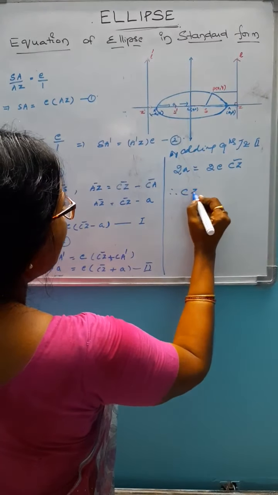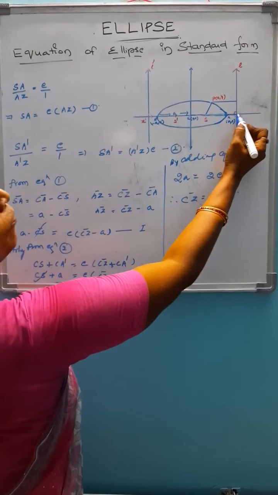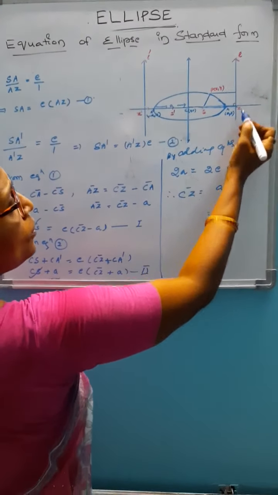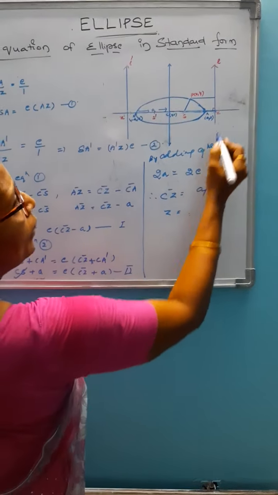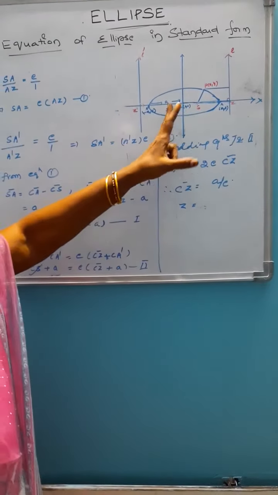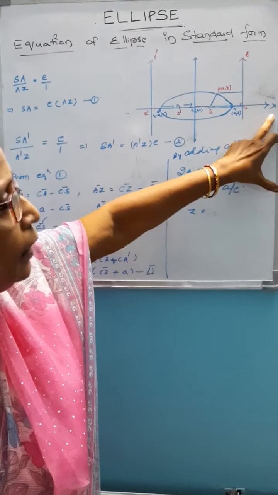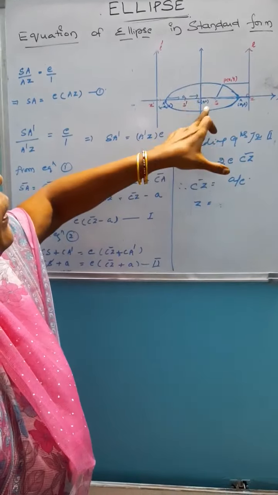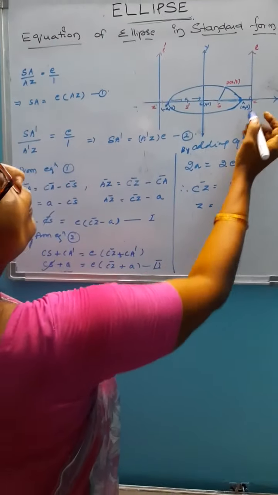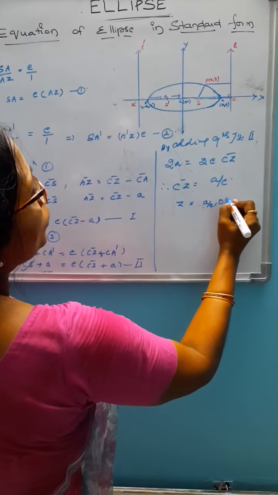Therefore, CZ is equal to A by E, where Z is the foot of the perpendicular drawn from S on the directrix L. So, the coordinates of Z: it lies on the x-axis because the focus is on the x-axis. Its perpendicular line passes through C, this is the y-axis. So, the coordinates of Z are A by E and 0.